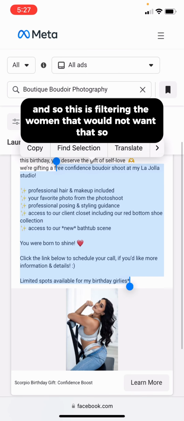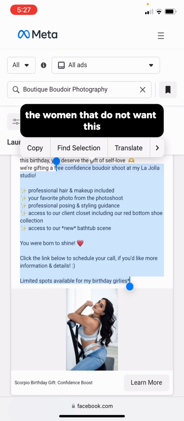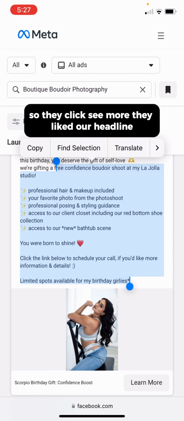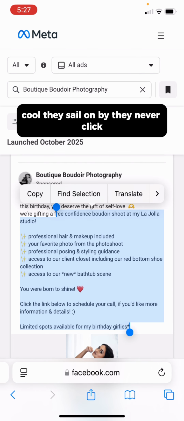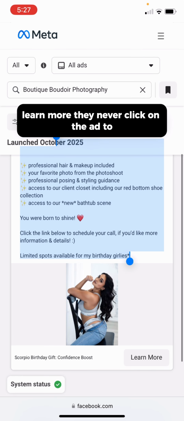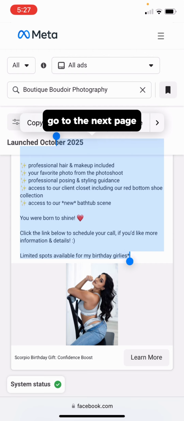And so this is filtering out the women that would not want that. So that's good. We're filtering out the women that do not want this. So they click See More, they liked our headline, but they didn't like our ad copy, or they didn't like what we were offering. Cool, they sail on by, they never click Learn More, they never click on the ad to go to the next page. So that's good.